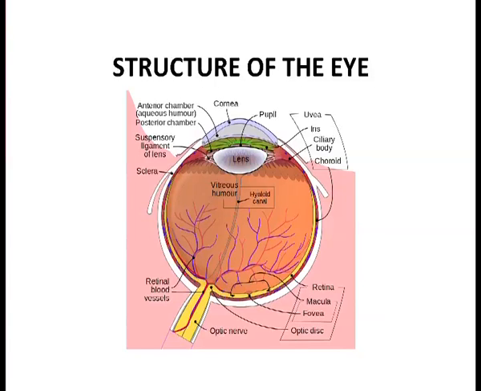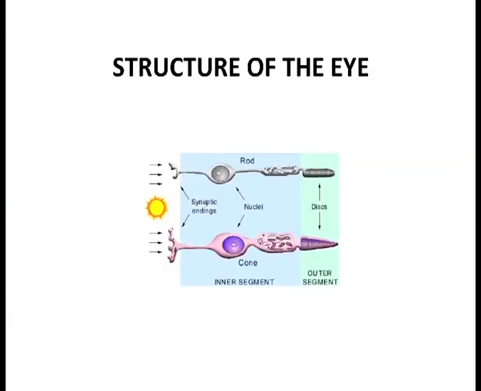The light reaches the retina by passing through the anterior, which is front, and posterior chambers containing watery fluid, which is called aqueous or vitreous humor, and the various retinal layers. Finally, it reaches the visual receptors, which are the rods and the cones.